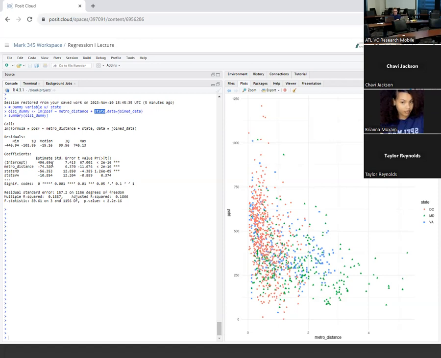Is it statistically significant in the sense that I have a null that says that it's equal to 0? In other words, can I reject the null that the average price per square feet of a property in DC right next door to the metro is 0?